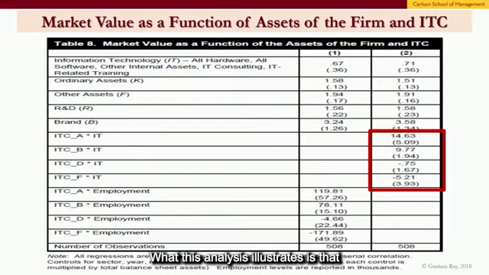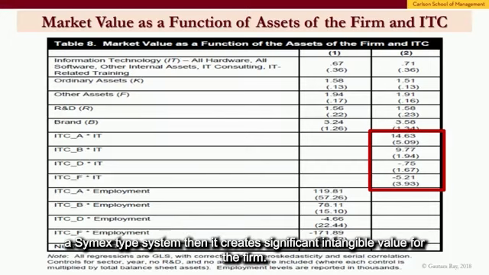What this analysis illustrates is that IT investments create intangible value for the firm, but this intangible value depends on the IT capabilities of the firm. If a firm has A-level IT capabilities, like if a firm has a CMEX type system, then it creates significant intangible value for the firm.